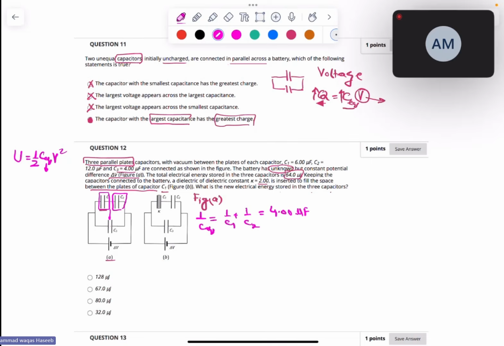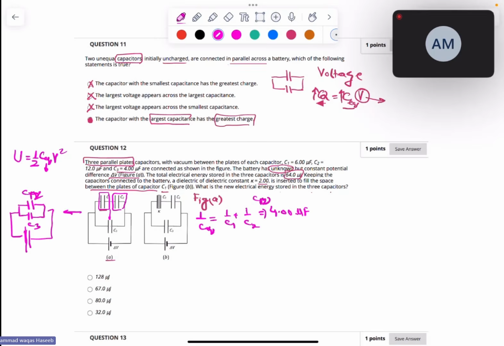Then your circuit will look like this, with C12 and another capacitor C3 connected to the battery.